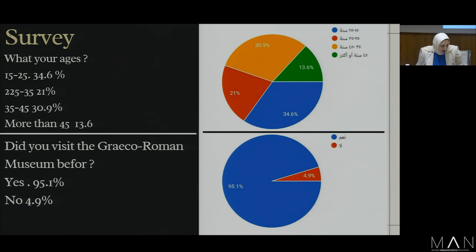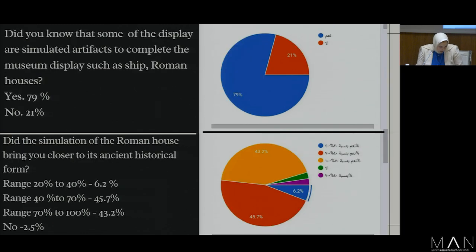Did you visit the Graeco-Roman Museum? Almost all of them, yes. Did you know some of the display is simulation? We want to know if they understand that these are not real artifacts, they are simulations. Some of them understood it, some not, but almost all of them understood that.